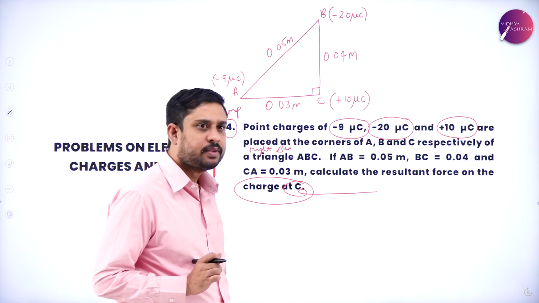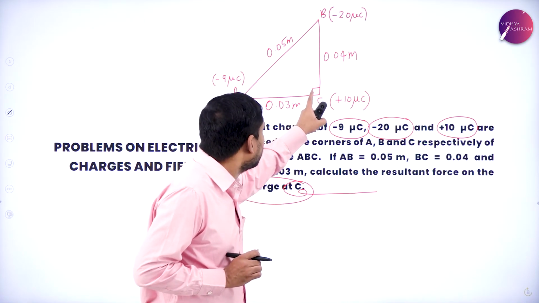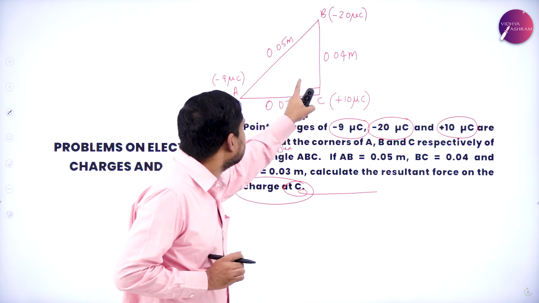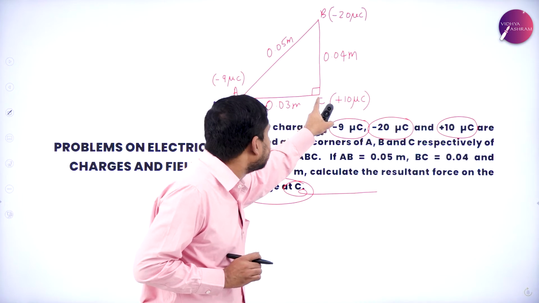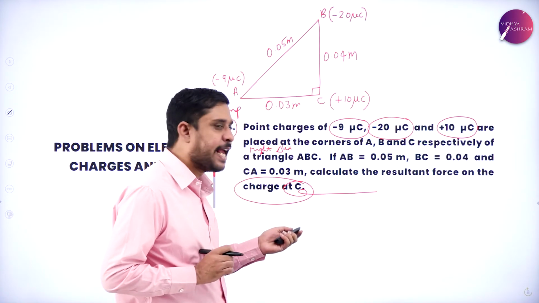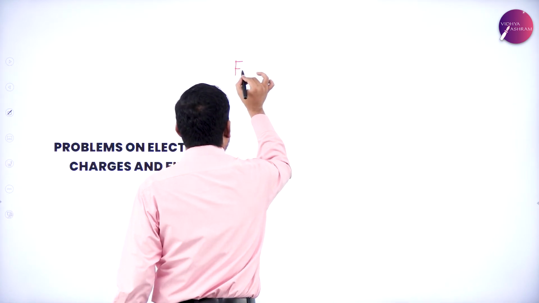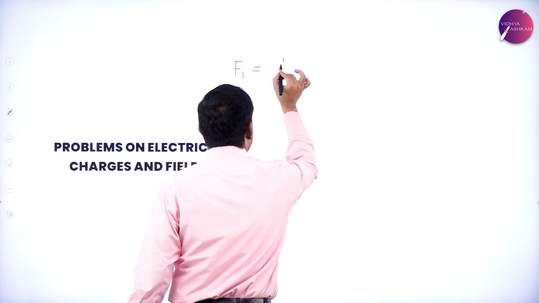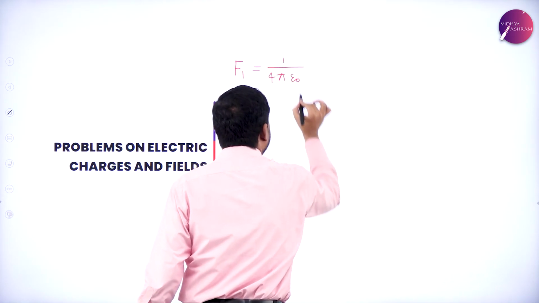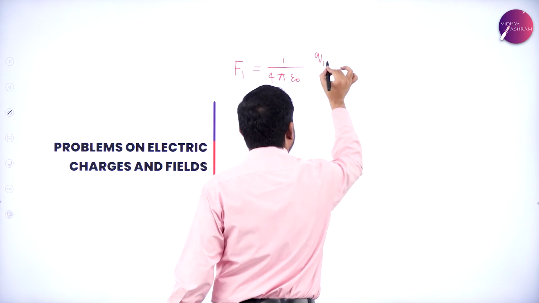Now, first I will calculate the force on the charge at C due to the charge at A. I call that F1, 1 by 4 pi epsilon naught. Charge at A is Q1.